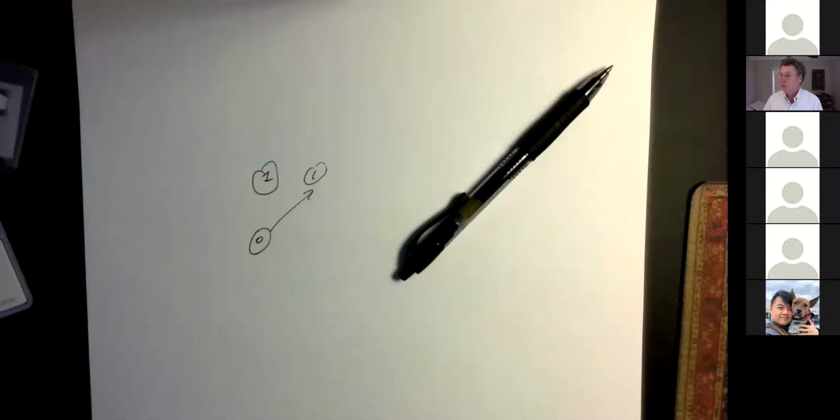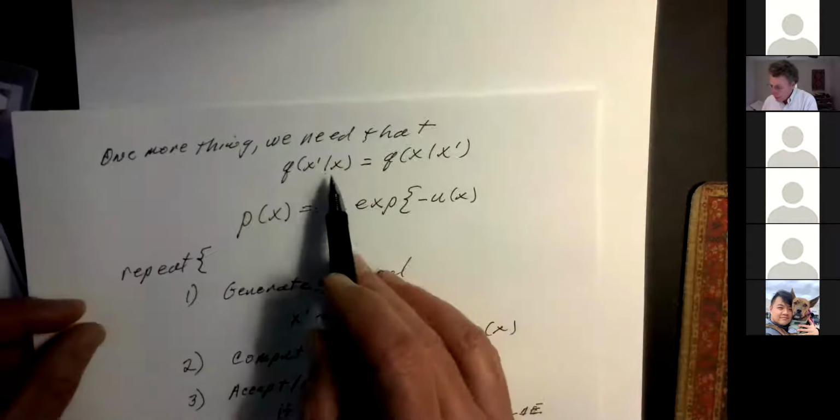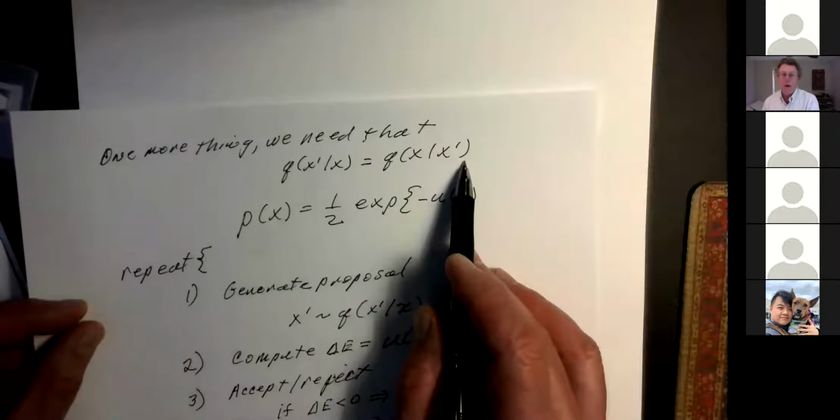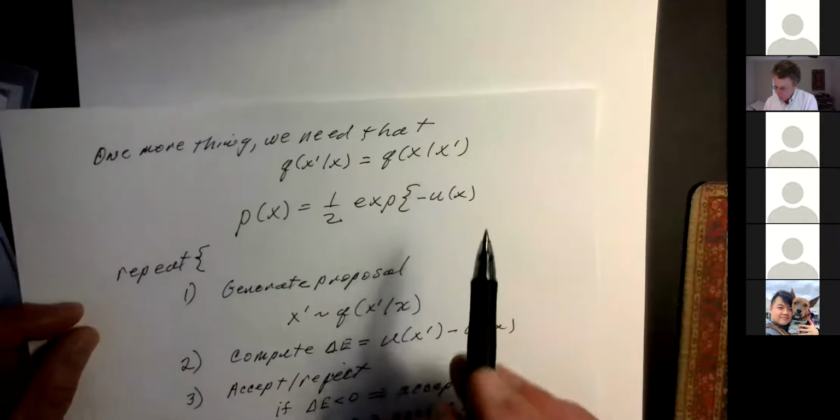You won't go to the different places in the correct proportion. So if this proposal distribution is not symmetric, it's going to bias the distribution. So we have to assume that this is symmetric. That's a core assumption.